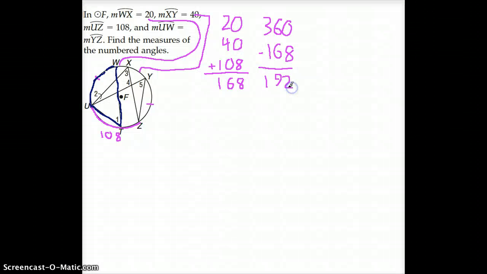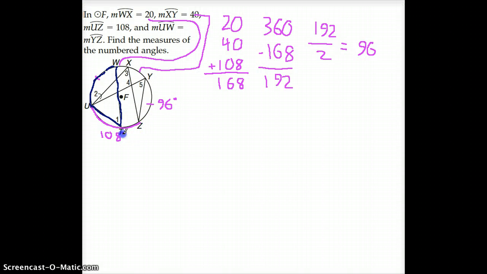That's 192 degrees for the total of arc YZ and arc UW. And since they're congruent, I can just divide that in half. So we take 192, divide by 2, and we get 96. So that means that arc YZ has a measure of 96 degrees.